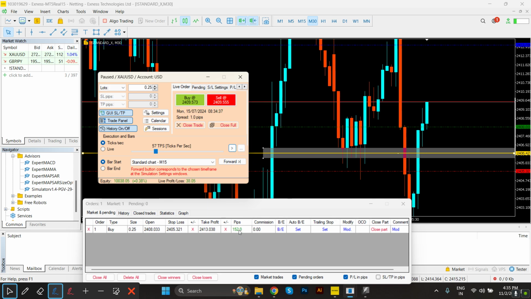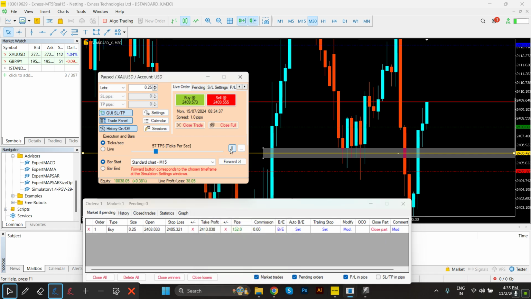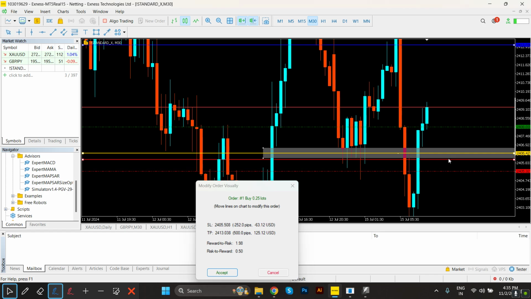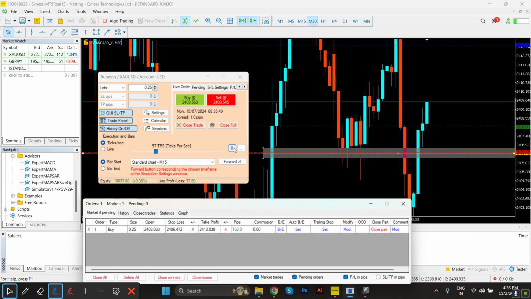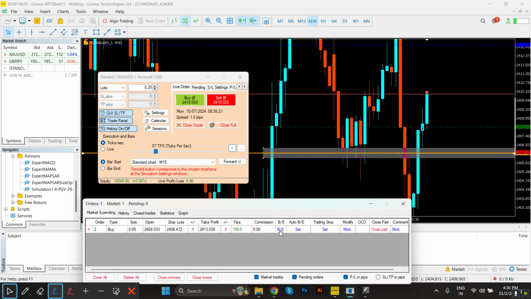And yeah, look at this, 15 pips in profit. Now we are risking less than what we anticipated. Yeah, 18, 19 pips, and just close the partials, like 80%, and set the stop loss to break even now.